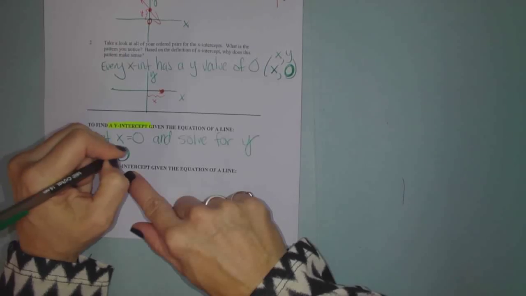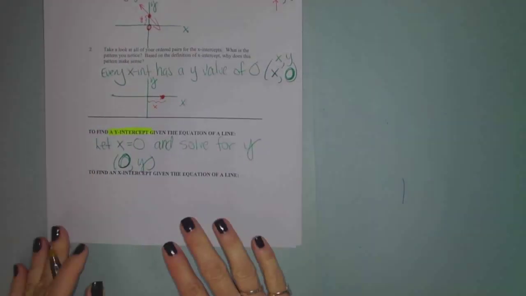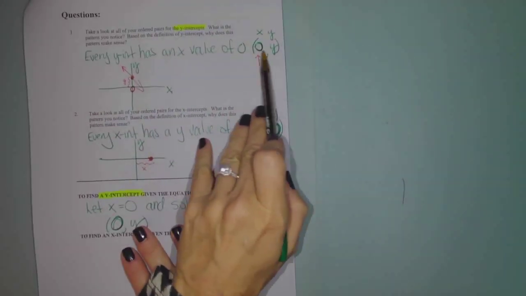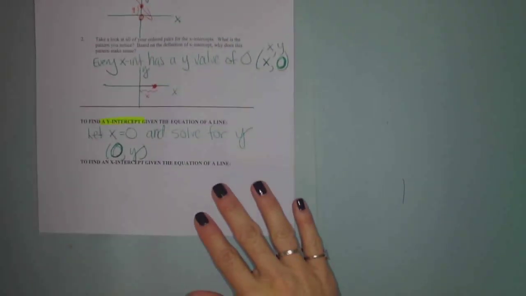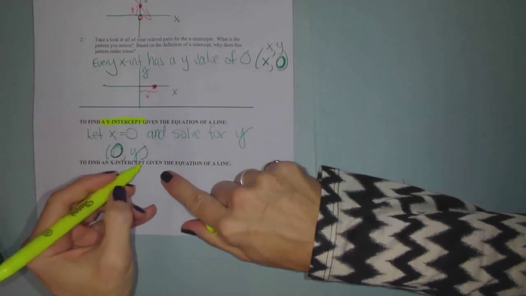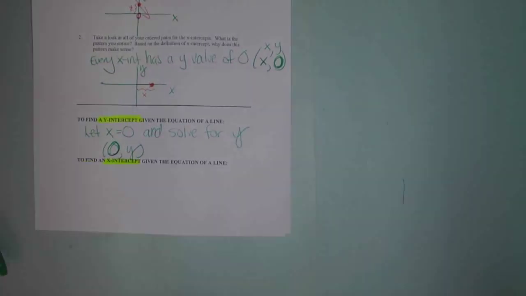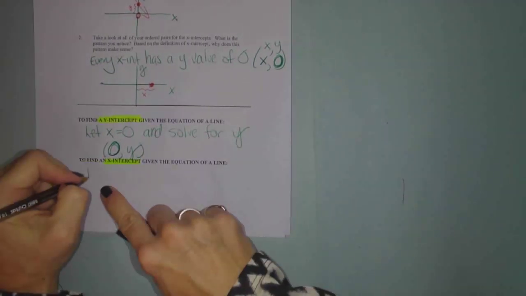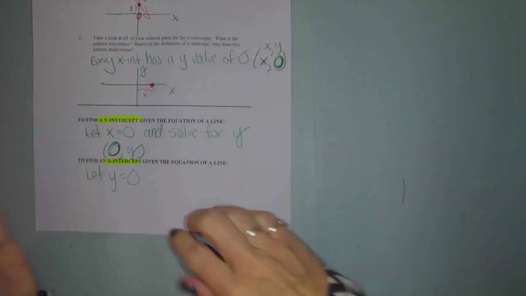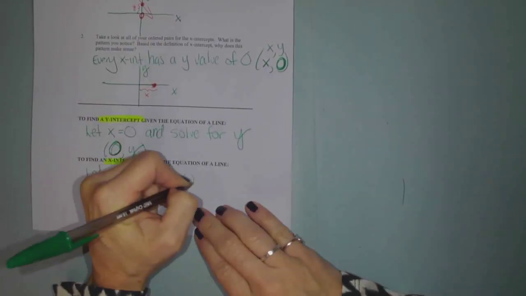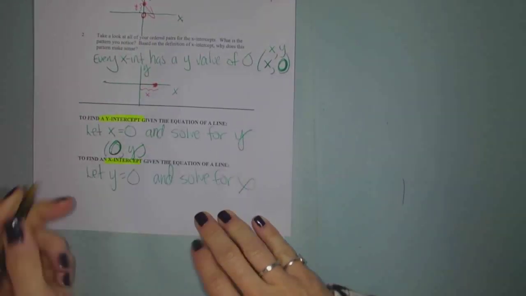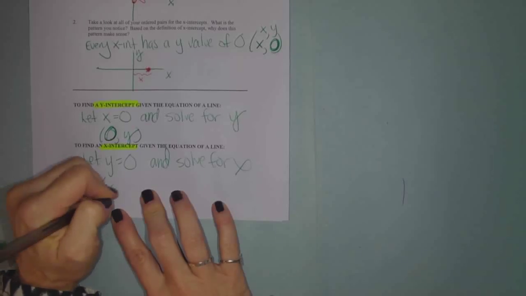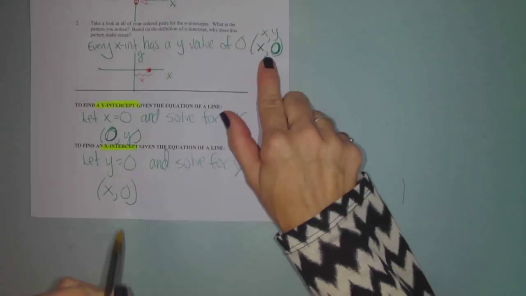Let X equal 0, find Y. This is your Y, see 0, Y from up here. And it's the exact opposite. To find an X-intercept, you let the Y equal 0 and solve for X. X, comma, 0. That's this one.